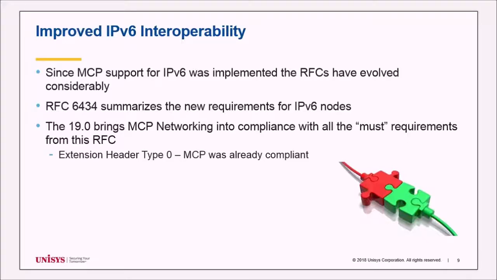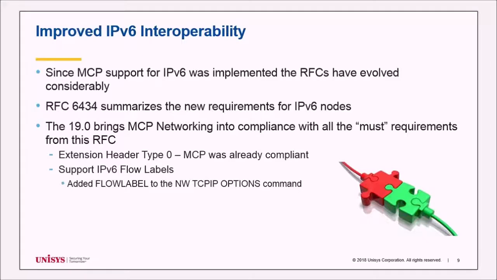The must requirements included extension header type 0 support. MCP was already compliant with this one. It requires support for IPv6 flow labels. We have added a flow label option to the NW TCP/IP options command.